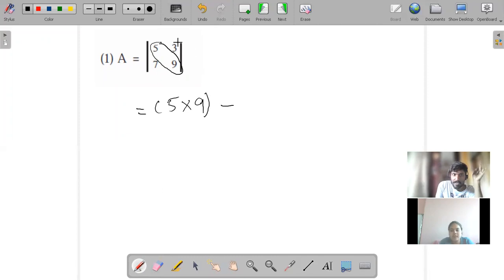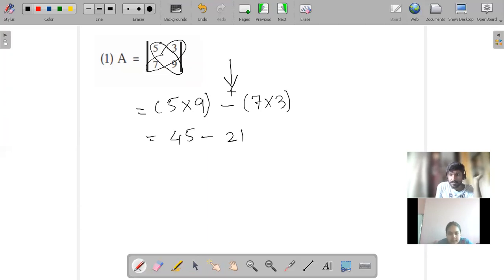Then you multiply these two: 7 into 3, 21. Subtraction sign is there, right? That is what I asked. You have to subtract 21 from 45. Yes, it is minus.